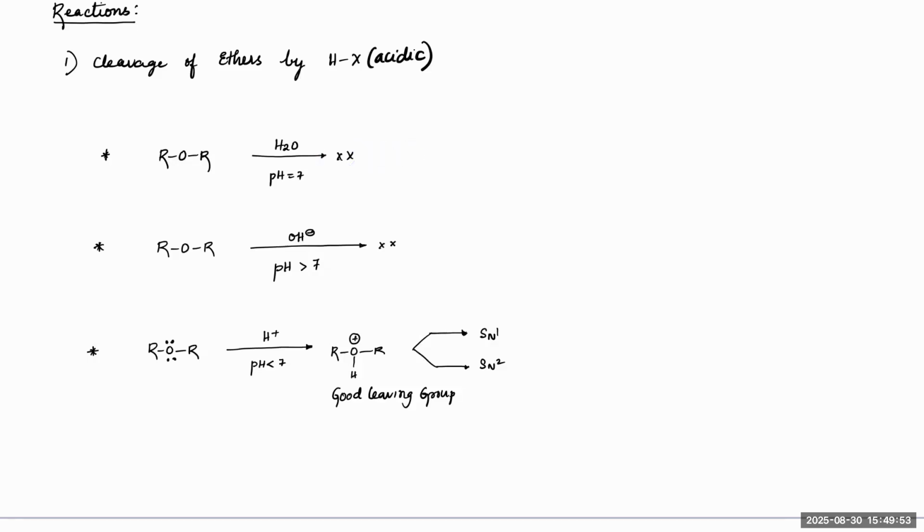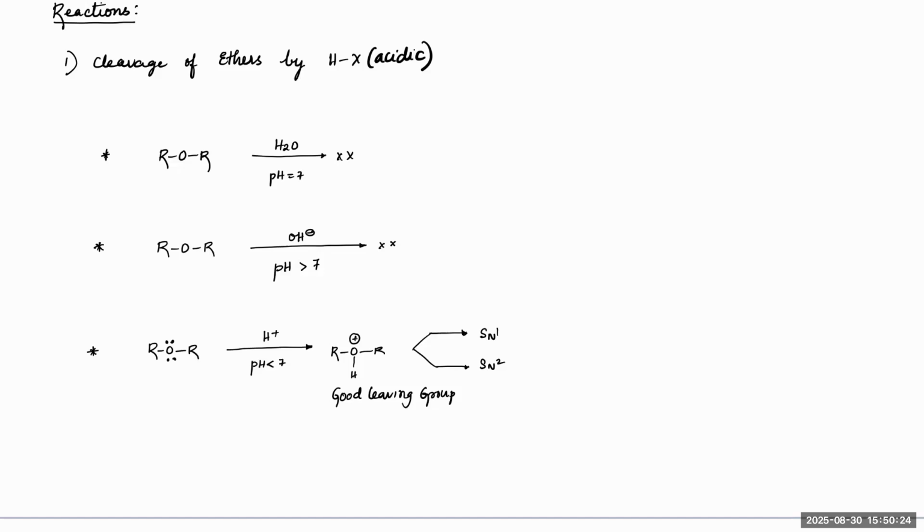In fact, ethers are stable in water, they do not react. If you take a basic medium, you know that this oxygen contains a lone pair, and you are trying to push a lone pair group, so that does not make any reaction either. So in basic medium there is no reaction. Whether you keep the pH 7 or greater than 7, you'll hardly see any reactions happening. So ethers will only react in acidic medium.